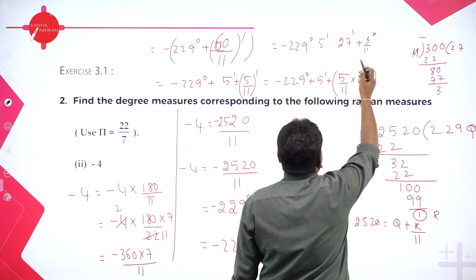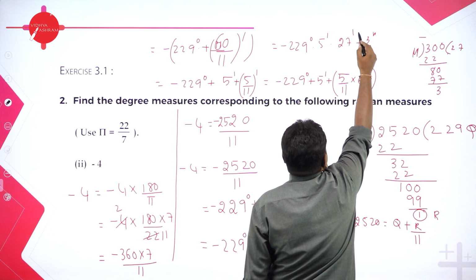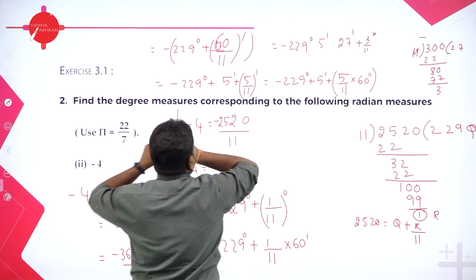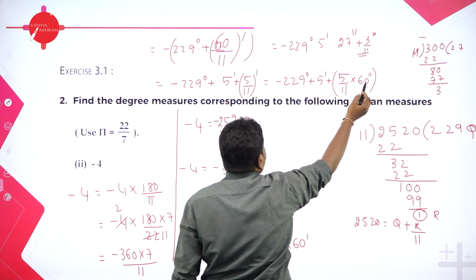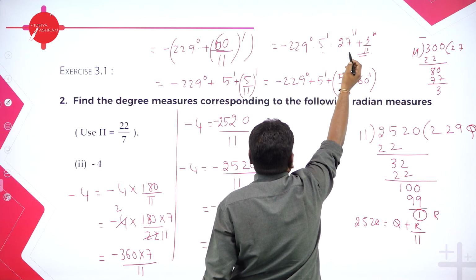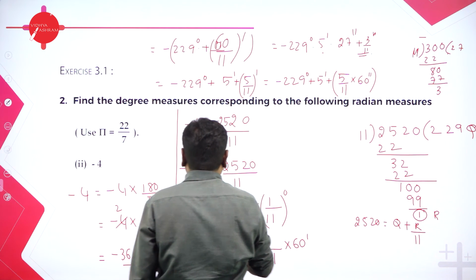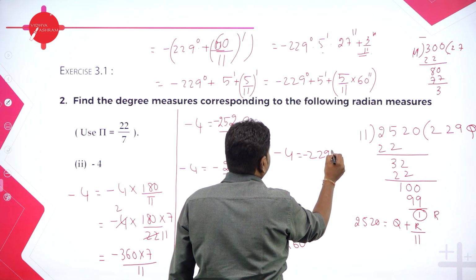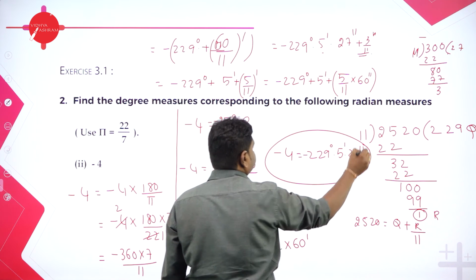So now 27 seconds, again the fraction continues, so you can leave it here. So finally, minus 4 can be written as minus 229 degree 5 minutes 27 seconds. You can stop it here.